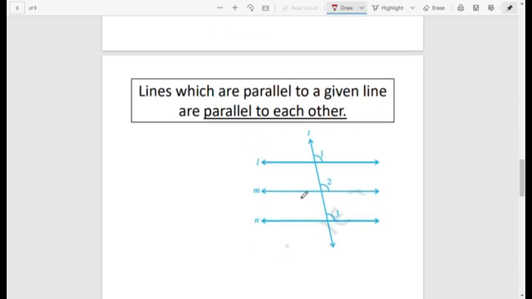Our next is: lines which are parallel to a given line are parallel to each other.